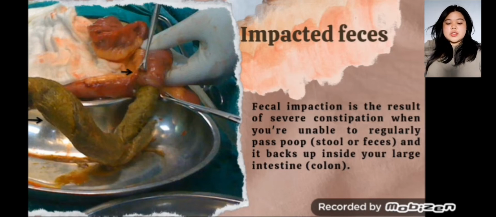Fecal impaction can also be defined by your inability to sense or respond to the presence of stool in your rectum. So if you are unable to get this out of your body, as I said earlier, it will back up inside your large intestine or your colon.